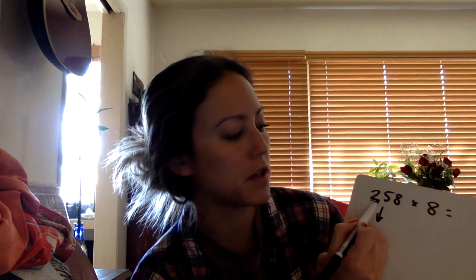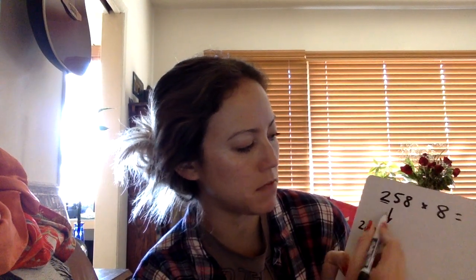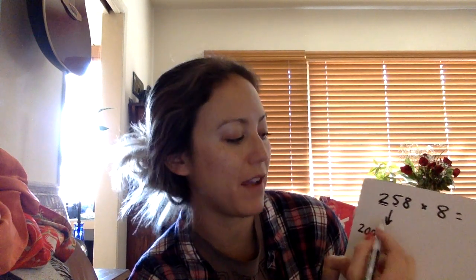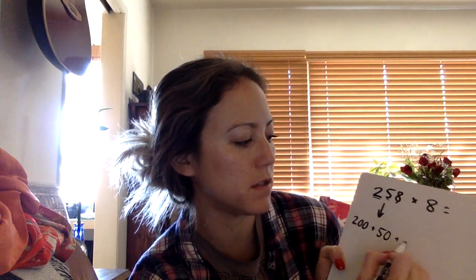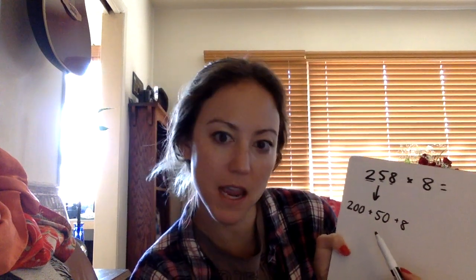So 258, how many hundreds are in that? 2, right? So 258 is made up of 200 plus, how many tens are there? There's 5 tens, right? So 50 plus, and then the ones. So 258 is 200 plus 50 plus 8.